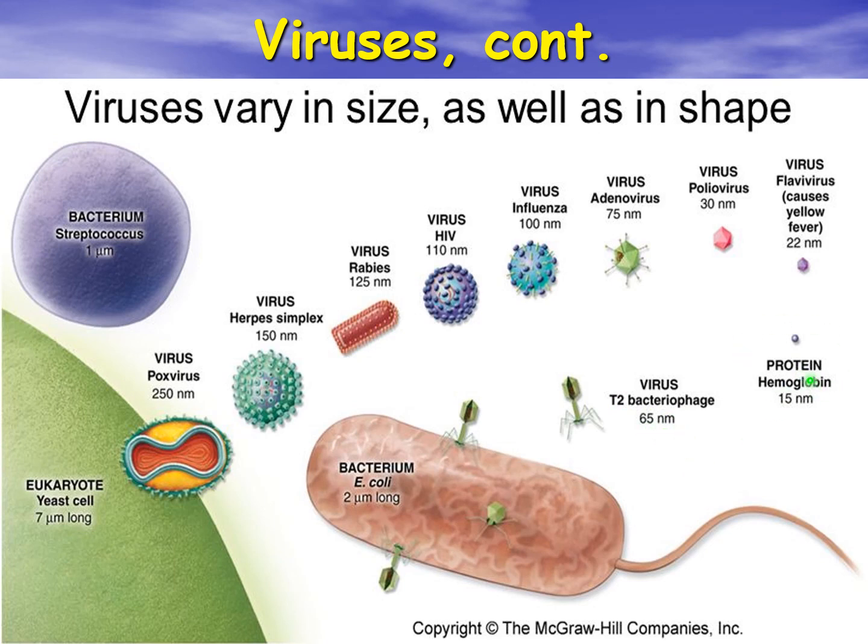Here we have the size of the hemoglobin protein, about 15 nanometers, and you can see that one of the flaviviruses that causes yellow fever is about 22 nanometers in size. Polio is about 30 nanometers. The adenovirus is about 75 nanometers. Influenza is about 100 nanometers. The current coronaviruses are what we call positive-sense RNA-carrying viruses, and they range at about 125 nanometers in diameter.